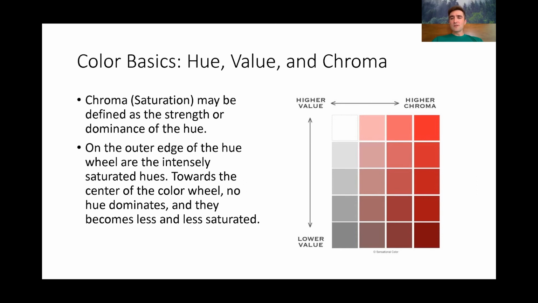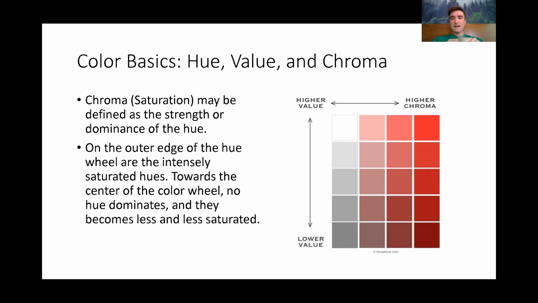So in the image on the right-hand side, you can see a table that shows a higher chroma and a higher or lower value. As you go higher in chroma, it becomes more bright red, you could say. And as you go up in value, the brightness gets brighter.